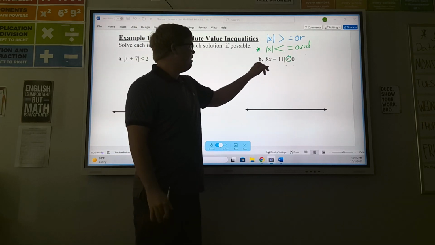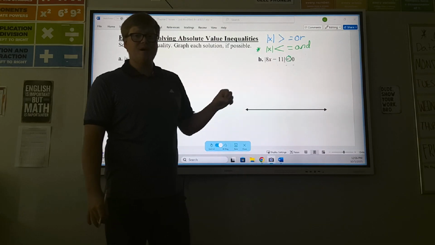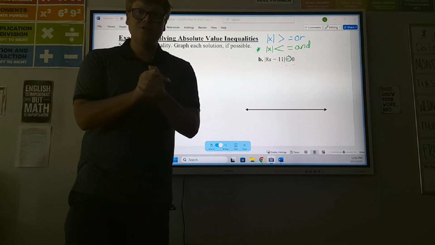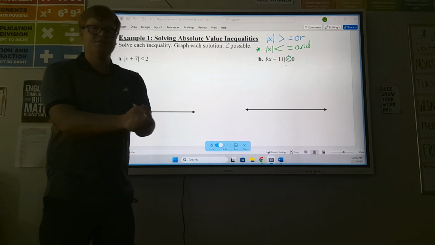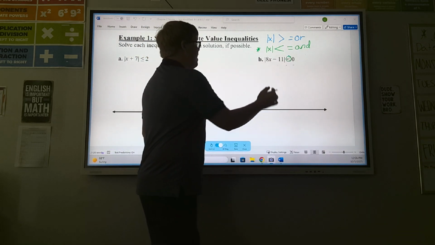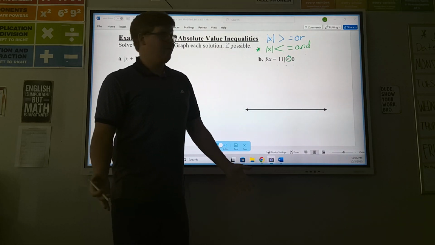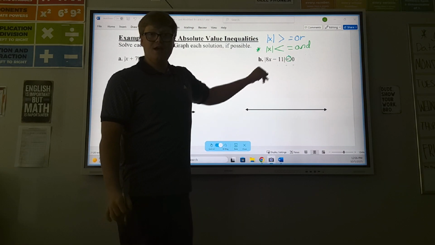When we look, our absolute value is going to be less than 0. Now we've talked about how anything inside of the absolute value bars is always positive. So is there any way at all that anything we put in here is going to be less than 0? No, because anything less than 0 is negative, right?